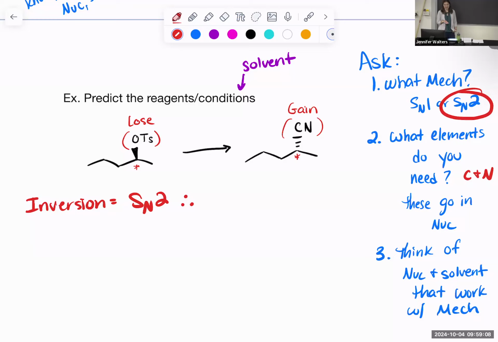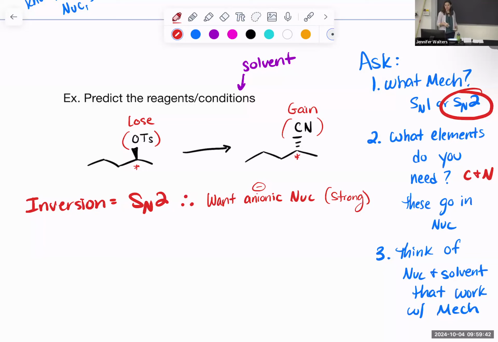Charge, right? Like that negative charge, having electrons. Remember that our bases and our nucleophiles have very similar trends. So I'm going to want an anion. I want a negative charge. The negative charge is what is going to give me a strong nucleophile. SN2 has to happen all at once, so I need that strong nucleophile.